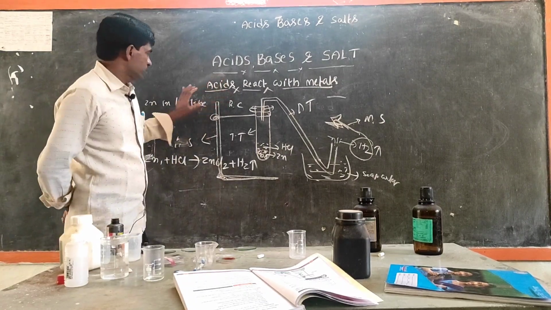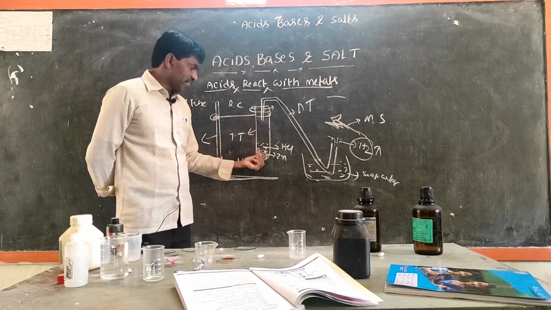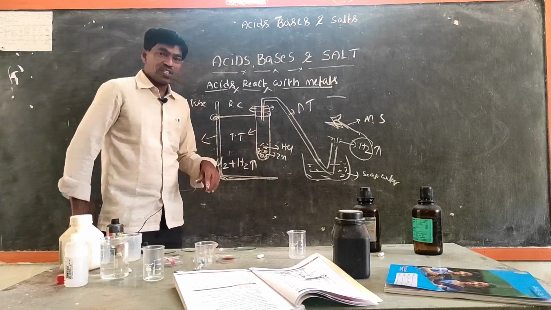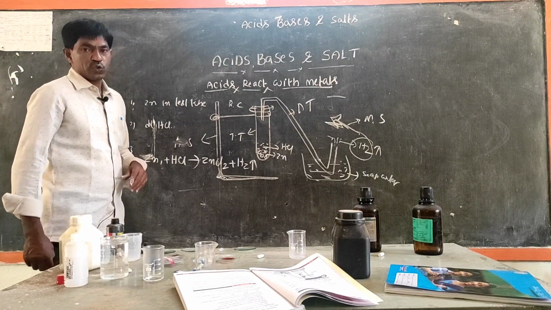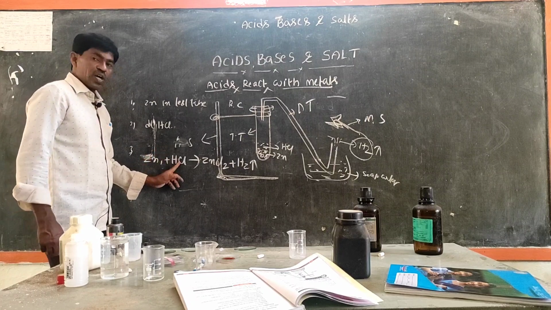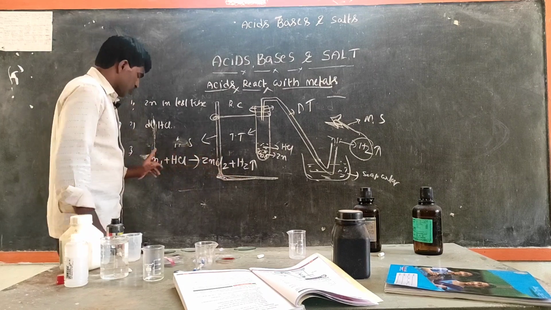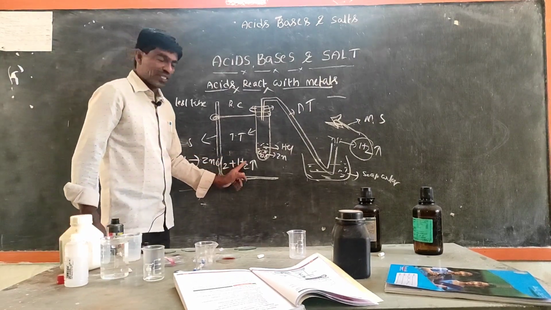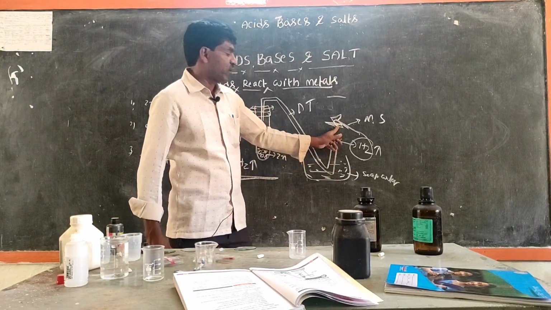Next we discuss the activity in the lab. Take some zinc granules into the test tube. Add a little amount of hydrochloric acid into the test tube. When zinc reacts with hydrochloric acid, it forms hydrogen gas. So zinc and HCl form zinc chloride and hydrogen gas. This gas passes through the delivery tube and comes out into the soapy water.